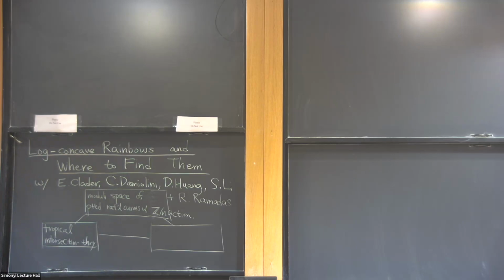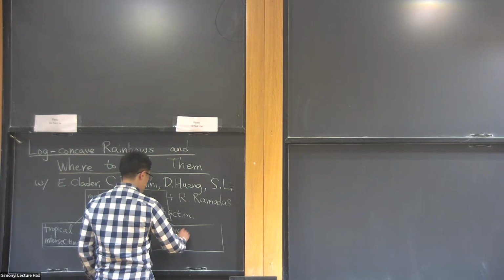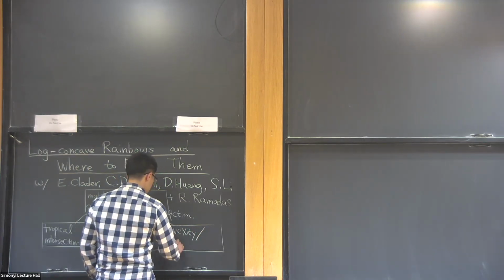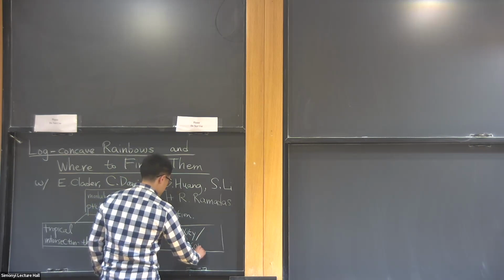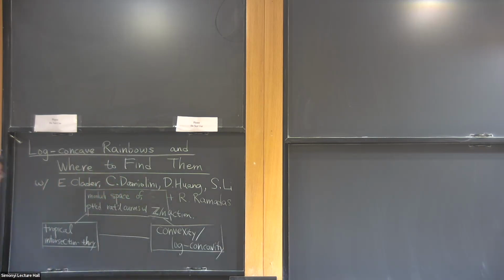The one that you'll see this week and one more featured, or I'll at least hint at today. And the third input is convexity / log-concavity, which you'll see much of in the rest of Josephine's lecture series.